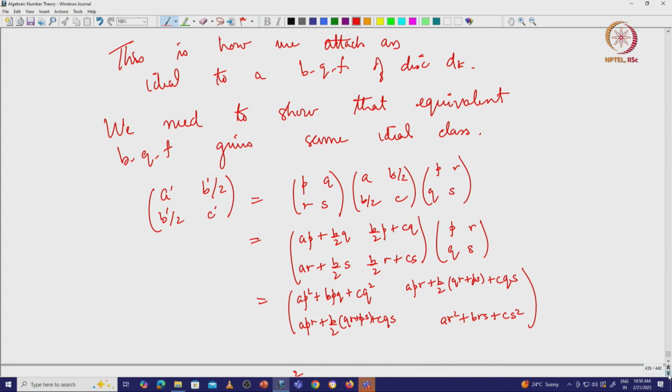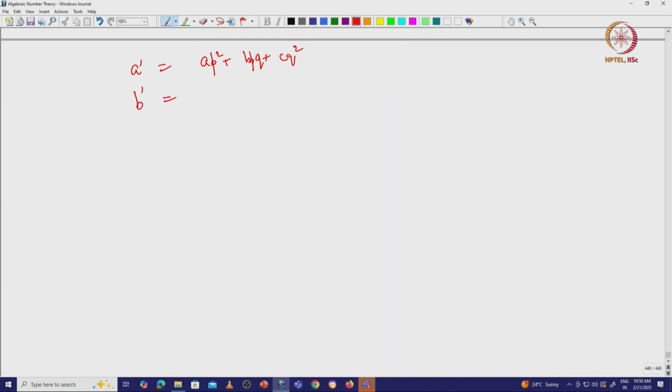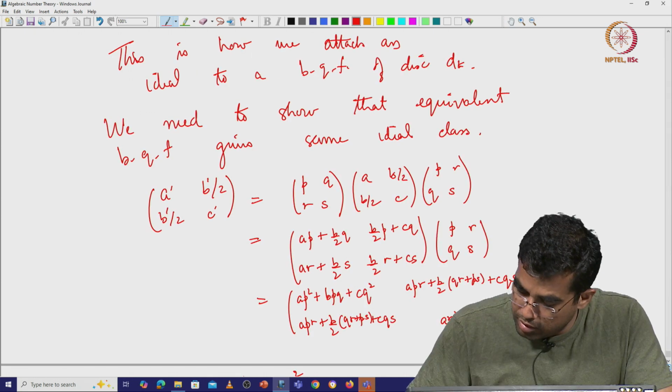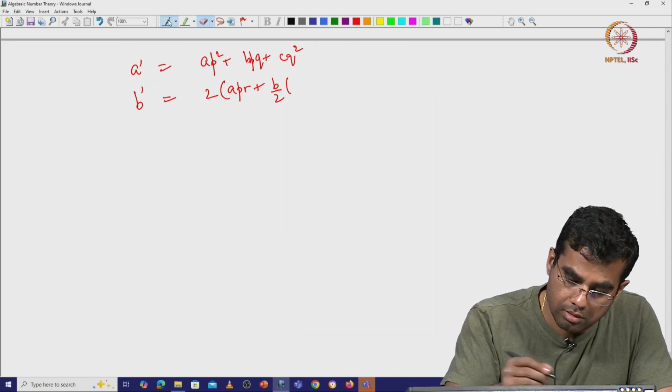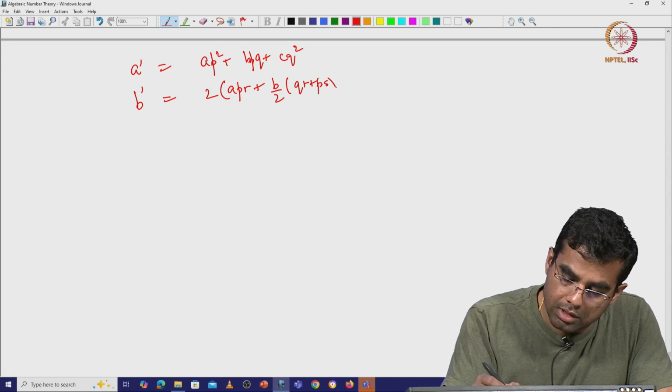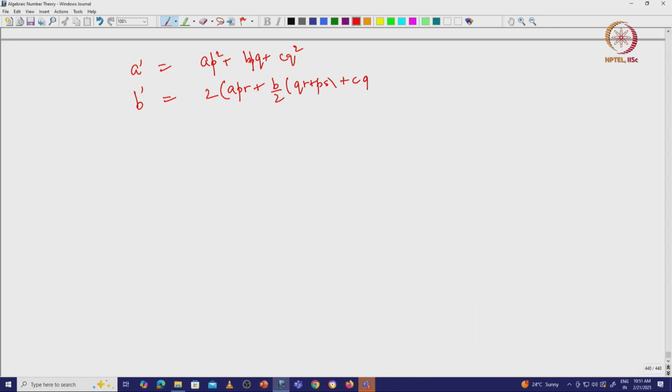Right, and so B prime is 2 times (A P R plus B by 2 (Q R plus P S) plus C Q S), right.